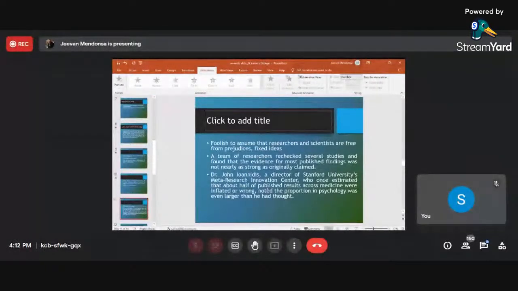Mind you, these findings are published in good, distinguished journals, and it is not that they were false or fabricated, but they were inflated, partially distorted, and wrongly presented and represented.